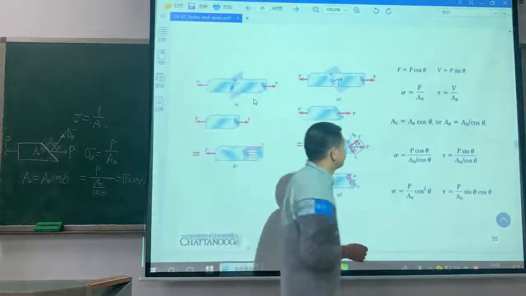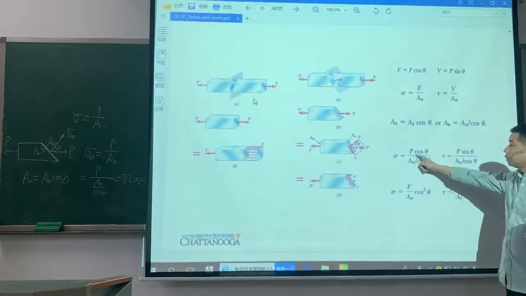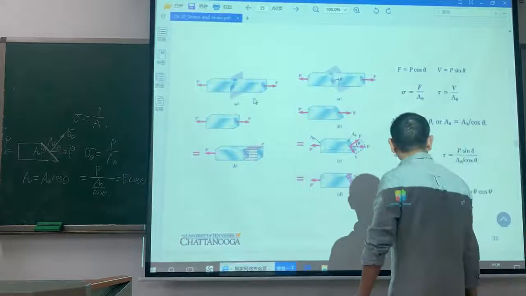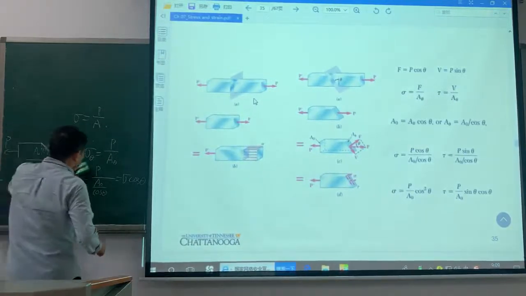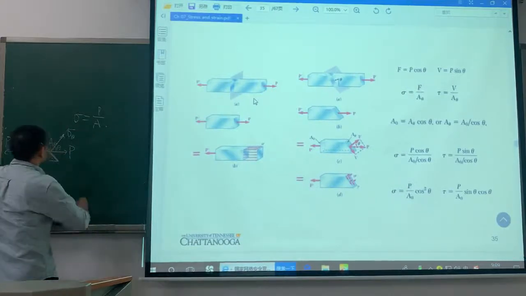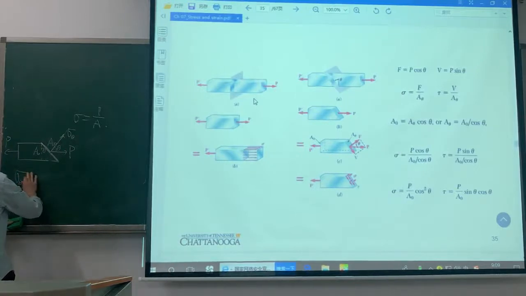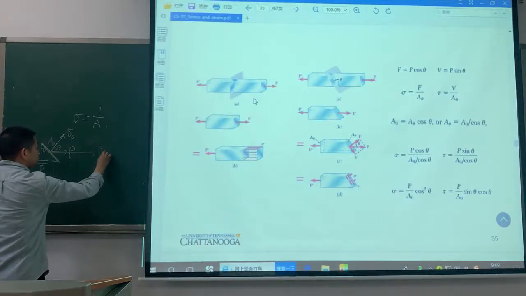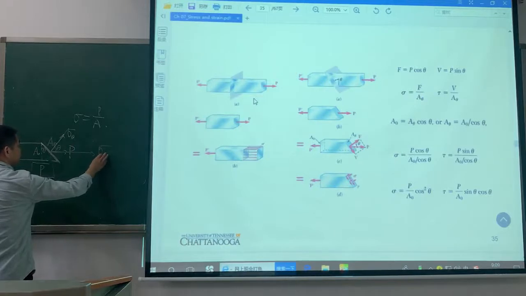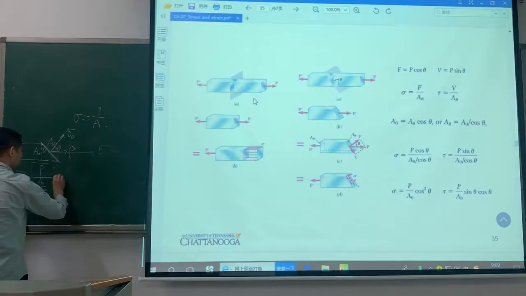Here the area is A0 over cosine theta. This one is sigma.